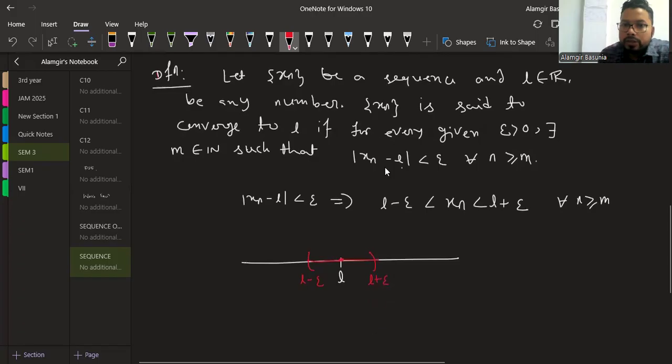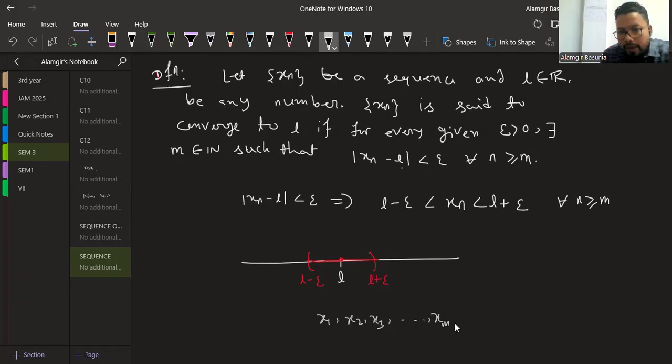Now here you can see the sequence has so many terms: x_1, x_2, x_3, up to x_{M-1}, then x_M, then x_{M+1}, after that x_{M+2}, and so on. This is our x_n sequence.